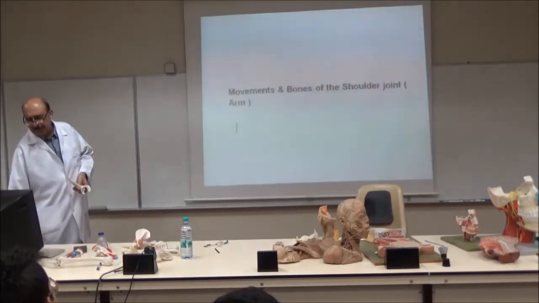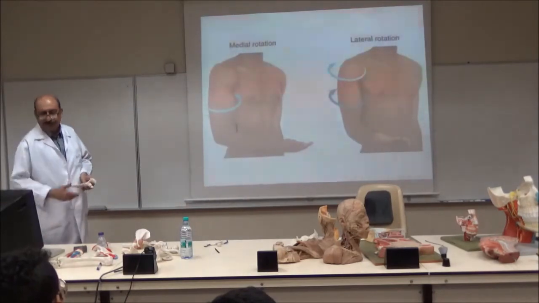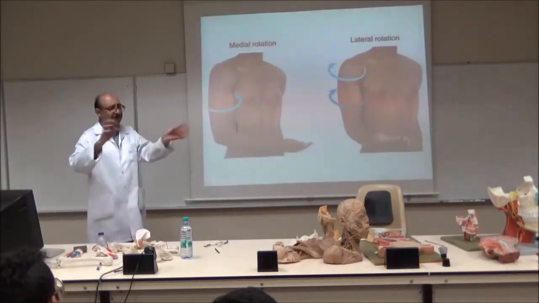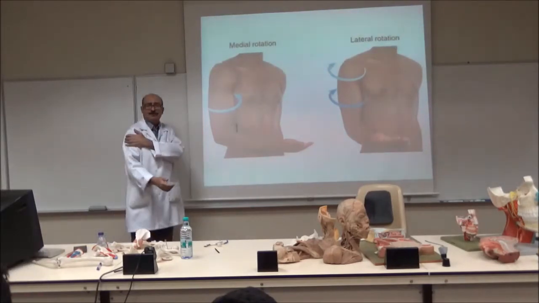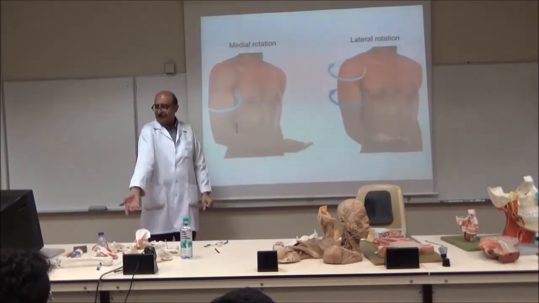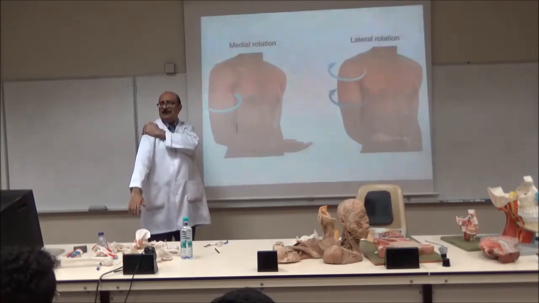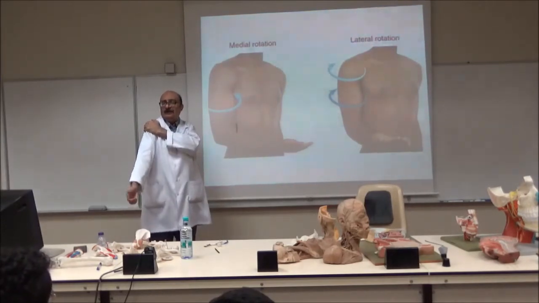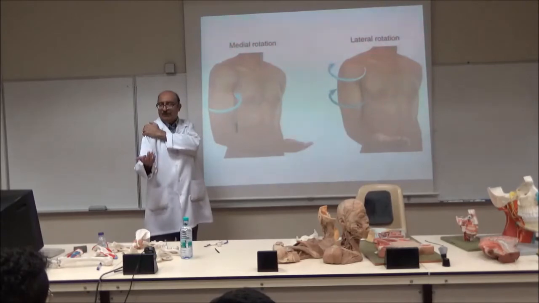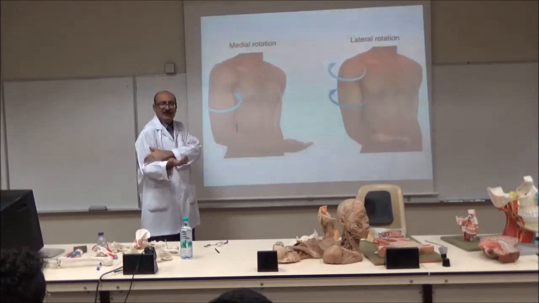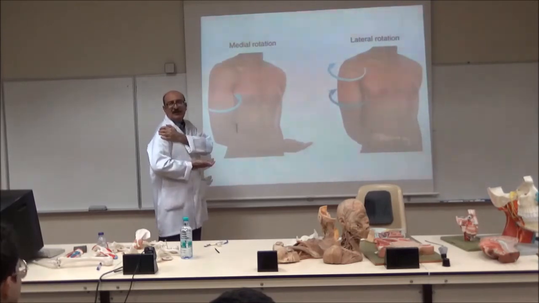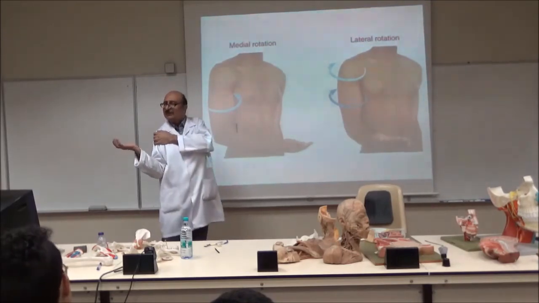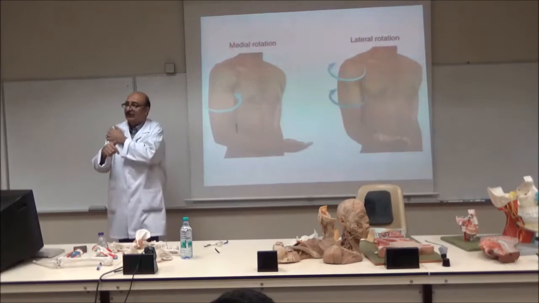This is the objective for the other session, but just to show you the movements, I will revise, he will revise the movements to make you understand better. Medial rotation can be done like this, but I am not sure whether the head of humerus is really moving or not. So make the elbow flexed and then you will find a very good medial rotation, very good lateral rotation. This is rotation at the shoulder.